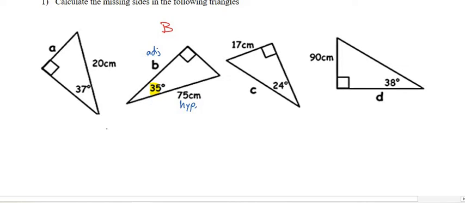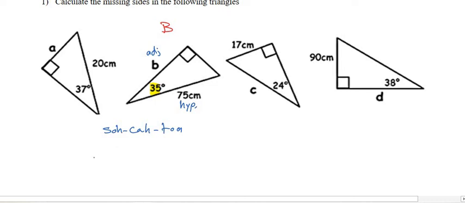Let me write down the three trig abbreviations, so CAH and TOA. We need to find out which one of them connects the adjacent and hypotenuse. Adjacent and hypotenuse, which is cosine the angle. So here I need to use the cosine ratio.